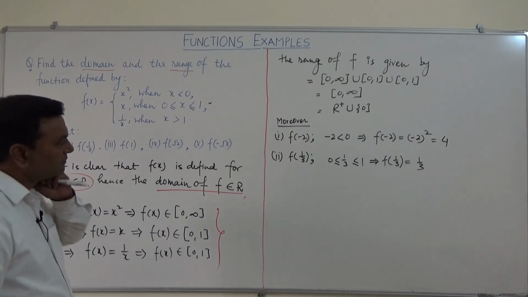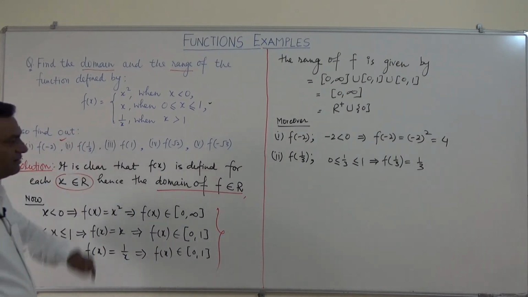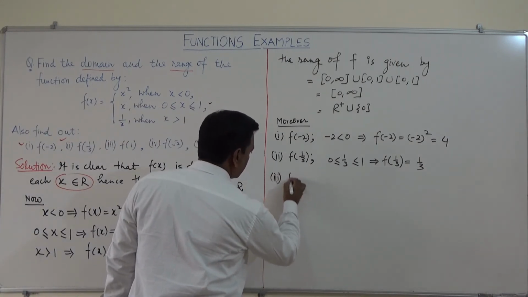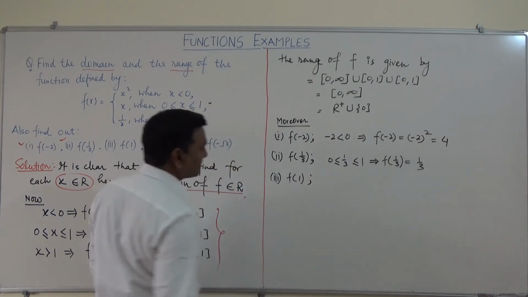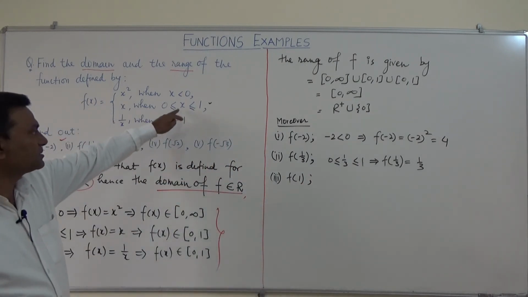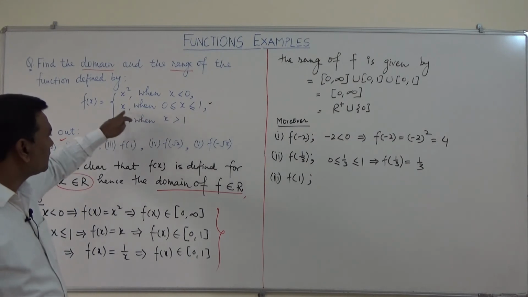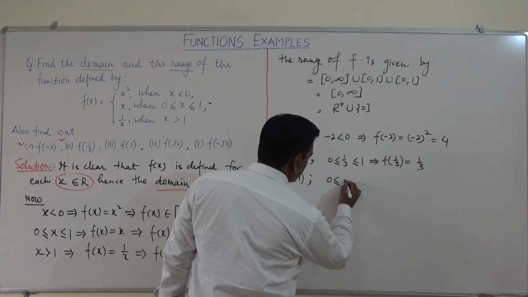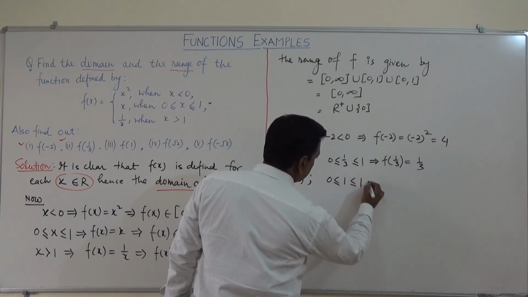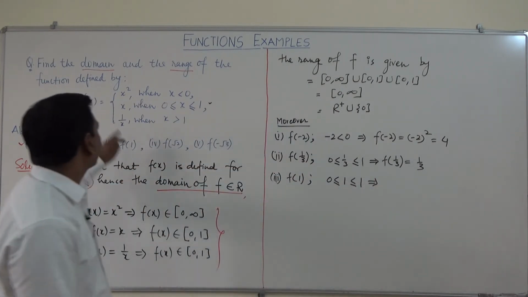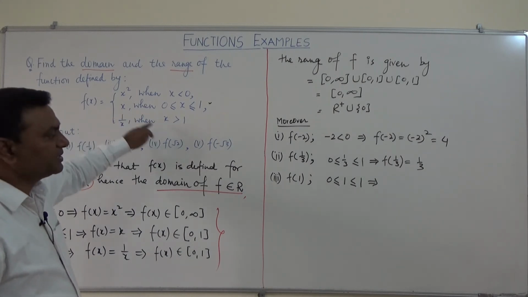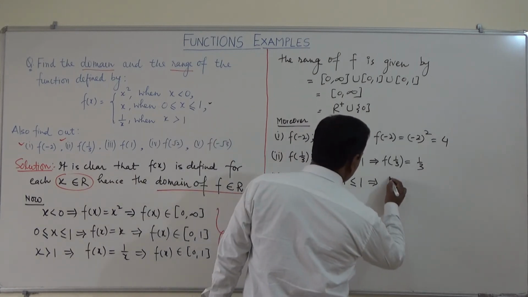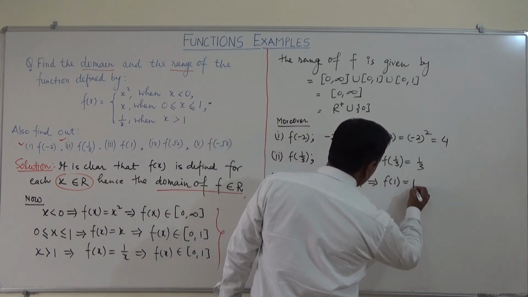Now we will find f(1). This one is equals to 1, so we will follow the second rule. So we can say 0 is less than equals to 1, less than equals to 1, implies that f(x) equals to x. It means f(1) equals to 1.